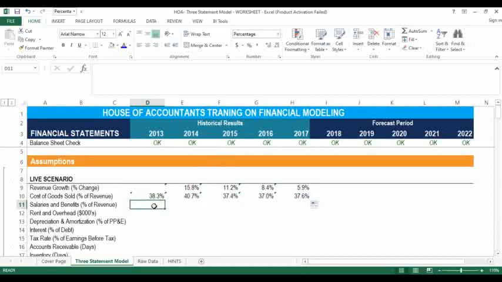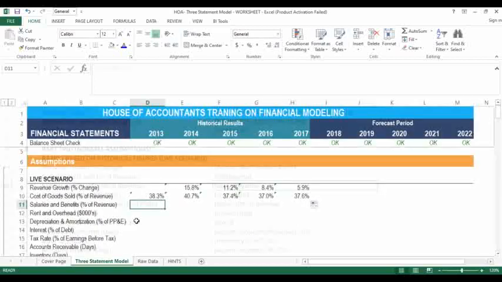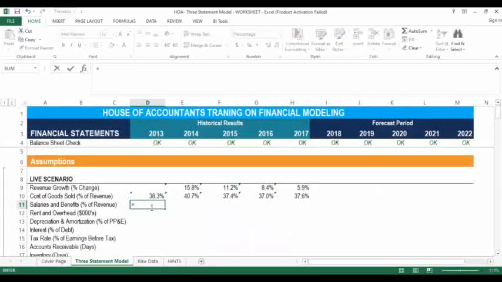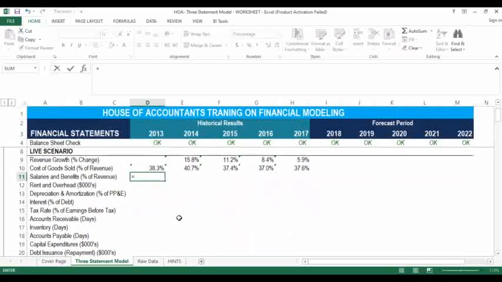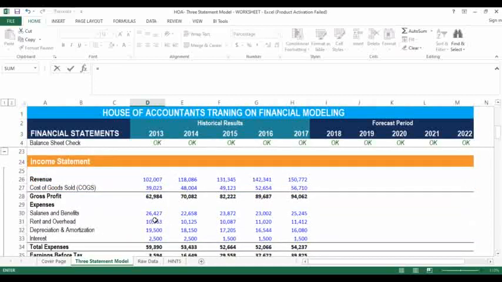Then for the next one, salary and benefits, I will come here and see salary divided by revenue. So just come back to salary divided by revenue. What we are trying to say here is, what is the percentage of salary from revenue? This divided by revenue.